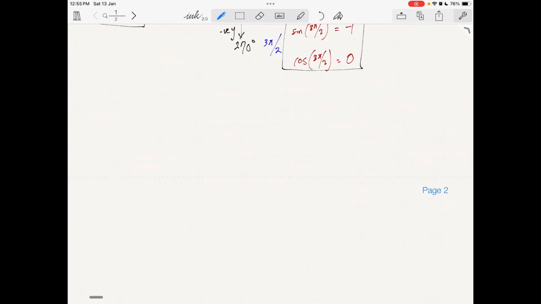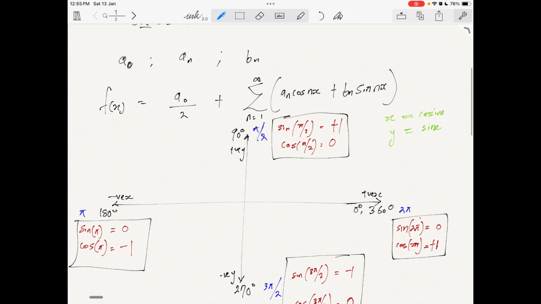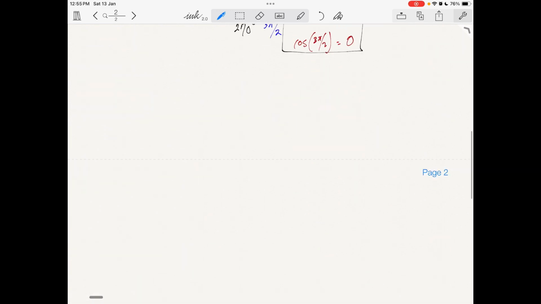But before then, going back to this formula, f of x is equal to a naught over 2 plus summation of n equals 1 to infinity of an cos nx plus bn sine nx. What is an? What is a naught? What is an? And what is bn?